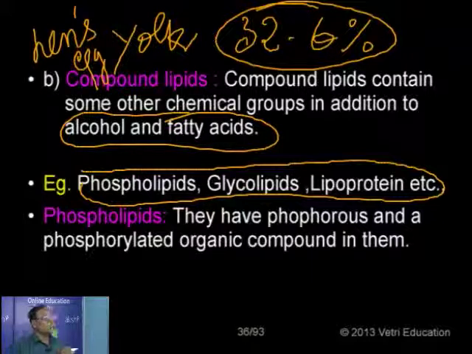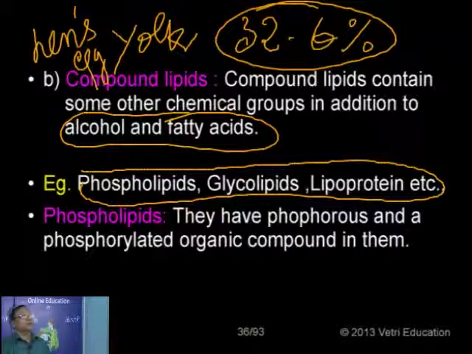Nearly 32.6% of the yolk is phospholipids. That is why doctors advise not to take much of this for those having elevated blood pressure and ailments related to the heart. It cannot be digested easily because of these phospholipids. They cannot be easily broken down, unlike the simple lipids.